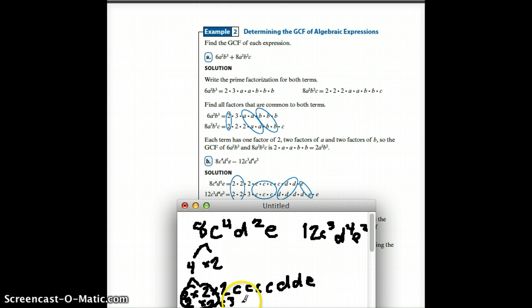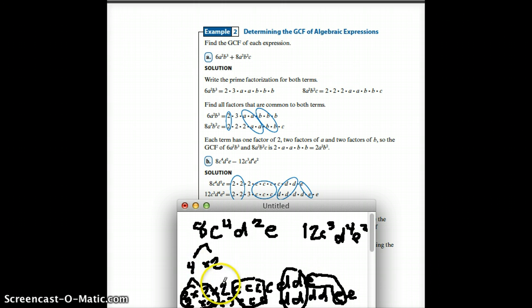Then we have a c to the 3rd, so you write the 3 c's, and 3 c's get circled. Then we have d to the 4th, so 2 d's get circled. And then we have 2 e's, and only 2 e's get circled.